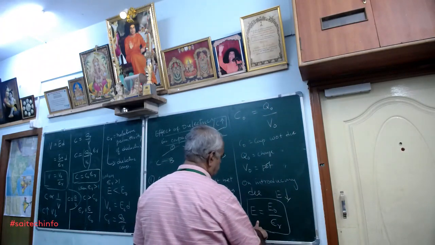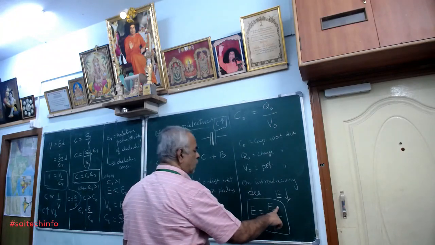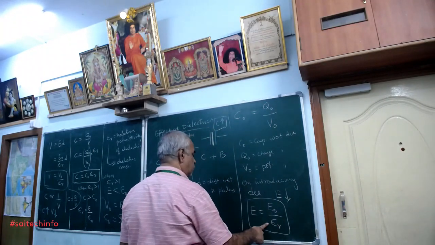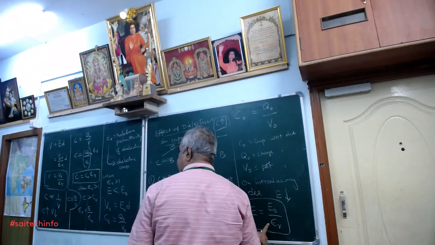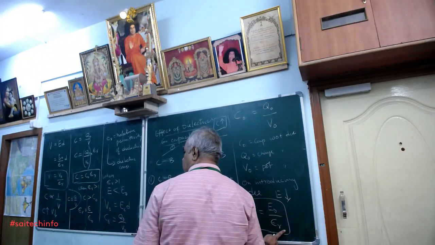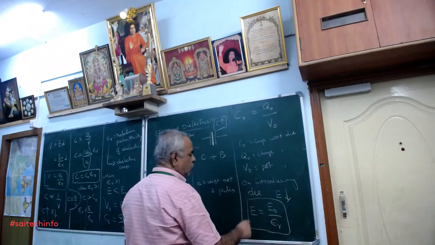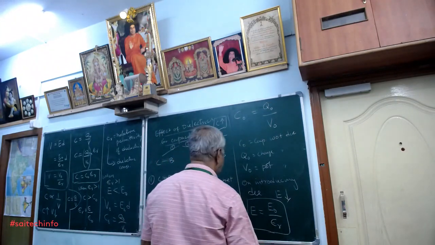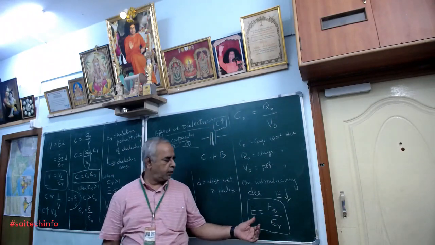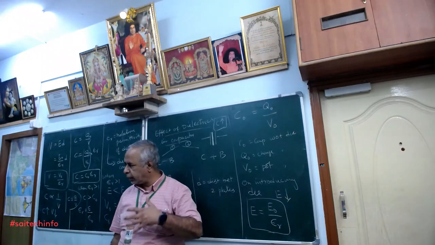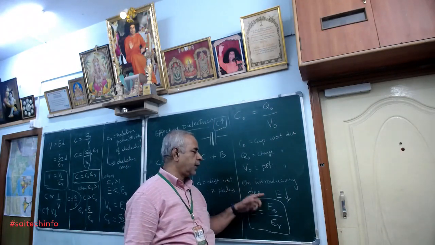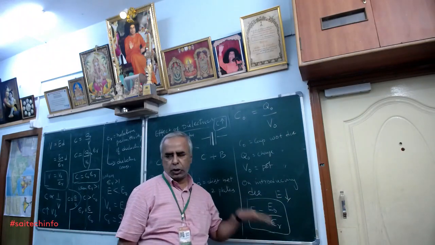Because this electric field E is equal to E naught divided by epsilon R. So this epsilon R is nothing but the dielectric constant or relative permittivity of a certain medium. E naught is the electric field without dielectric, whereas E is the electric field with the dielectric. So in this case, by introducing a dielectric, the electric field decreases. Do you agree with me?